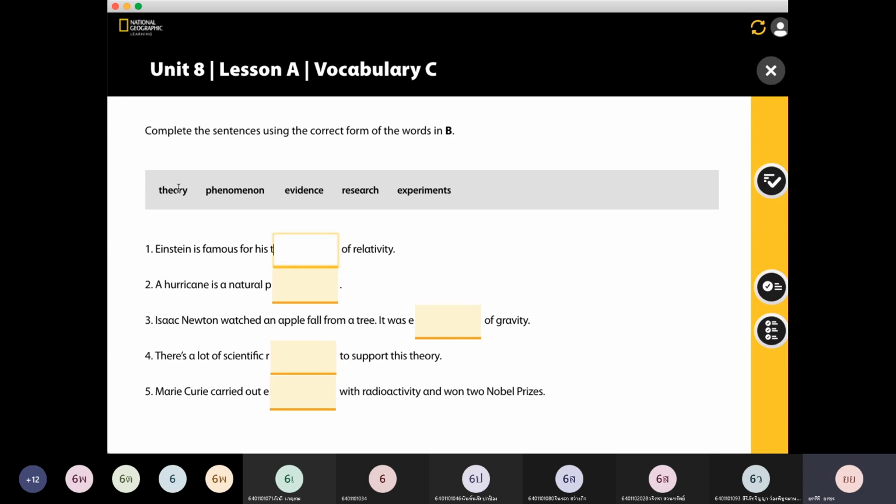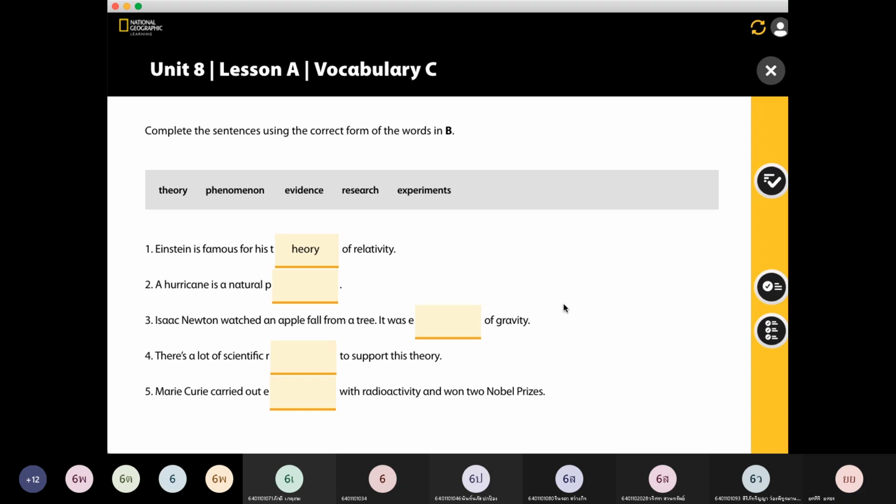There are 5 words here. I believe that you understand it. It's very easy, right? So what are the missing words? Number 1, theory.